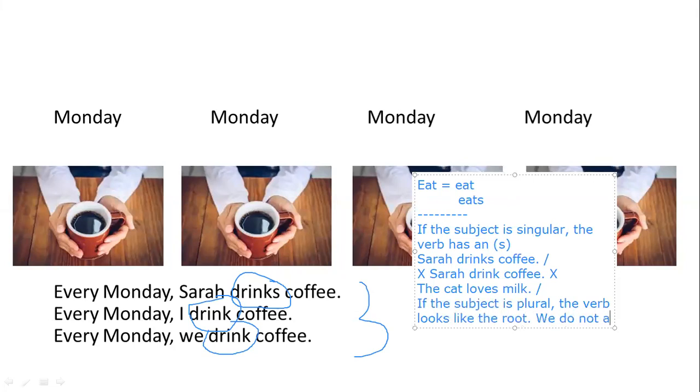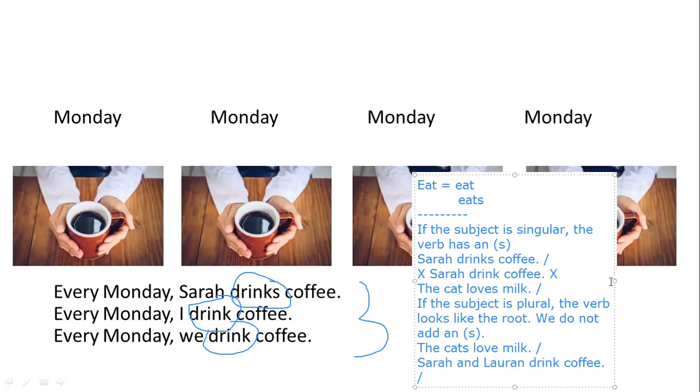We do not add an S. Let's see an example. The cats, see, not one cat, many cats. The cats love milk. Sarah and Lauren drink coffee. So this one is correct. And this one is correct.